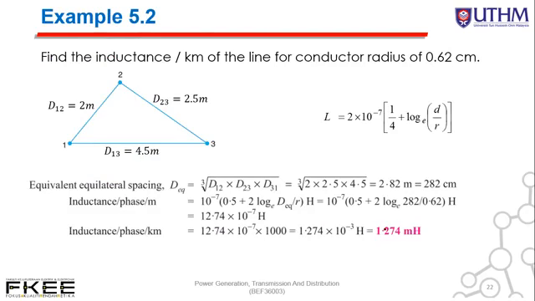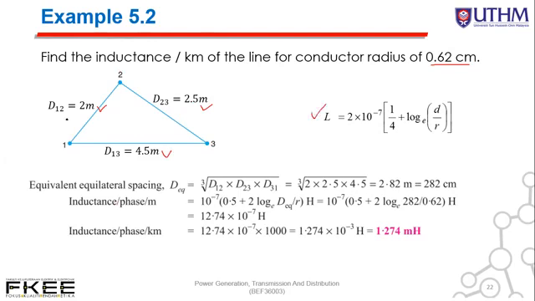Let's see example 5.2. Find the inductance per kilometer of the line for a given conductor radius. This is a three-phase conductor. We have conductor 1, conductor 2, and conductor 3 with distances D12 2 meter, D23 2.5 meter, and D13 4.5 meter. To find the inductance we can use this equation.